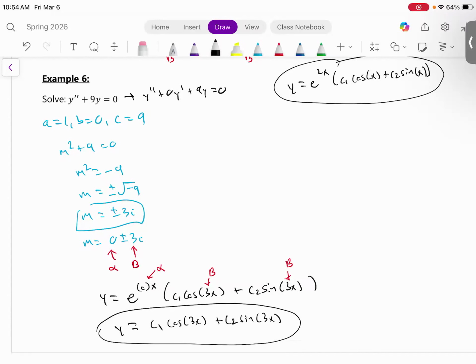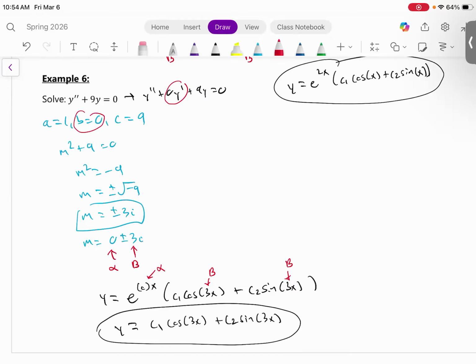Okay, welcome back. Hopefully you tried this problem out and got the same results. One thing you have to be careful with here is that there's no y prime. So you need to account for that. Since there's no y prime, the constant attached to it has got to be 0. So b equals 0.